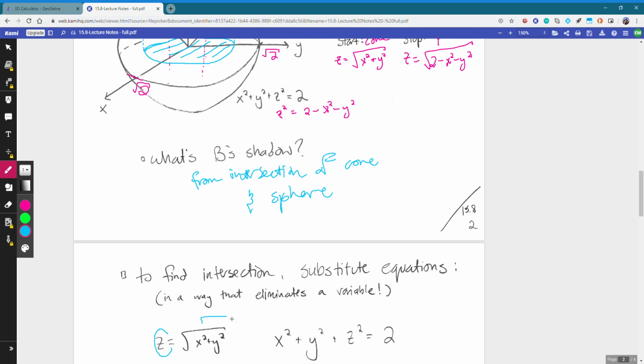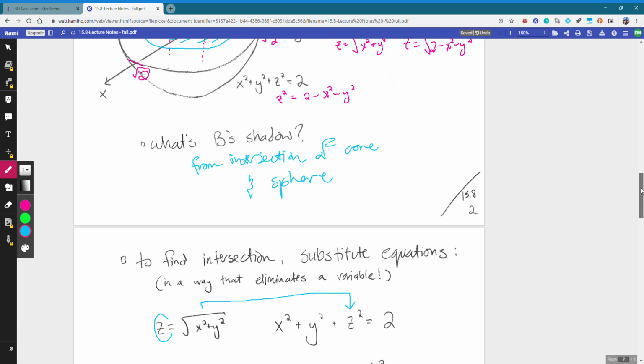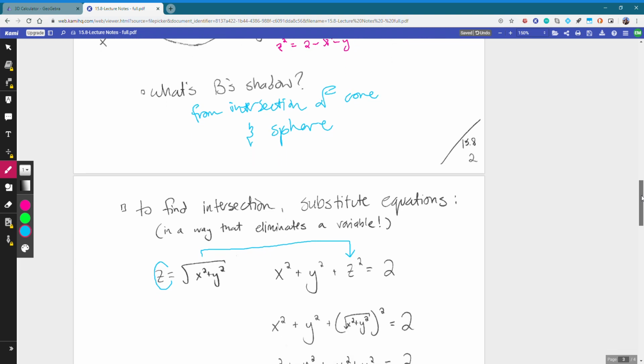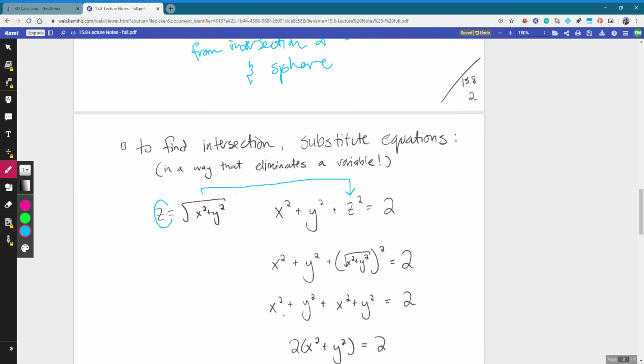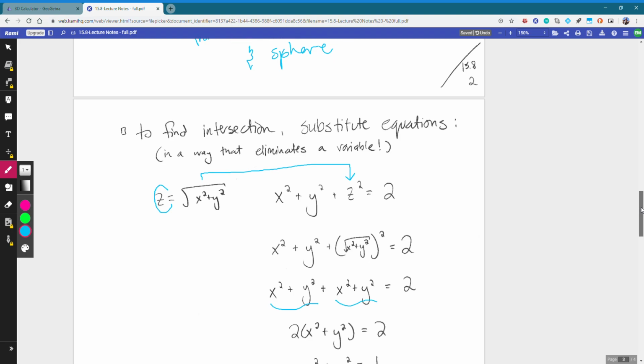And so why don't we just take this and plunk it in for z over here in our sphere equation. All right, so if we do that, then that z becomes the square root of x squared plus y squared, and that is squared, so the square root will go away. And here we have x squared plus y squared plus x squared plus y squared, and so we have 2x squared plus 2y squared.